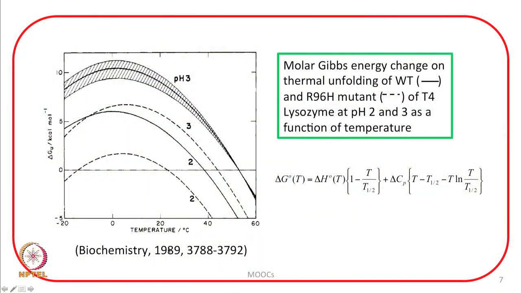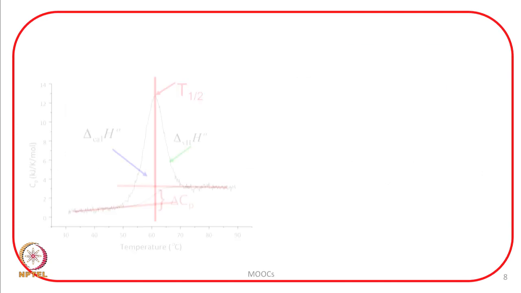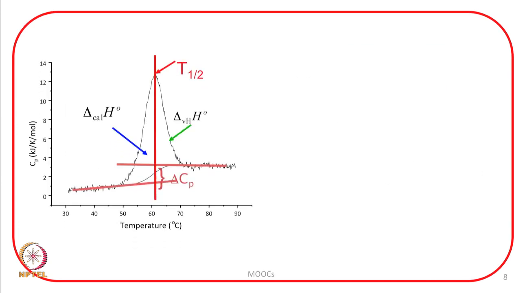So, in this way we can not only generate the free energy versus temperature curve, we can also generate the enthalpy and entropy versus temperature curves and draw a lot of conclusions from such plots. Now, let us discuss some more features from the differential scanning calorimetric output.